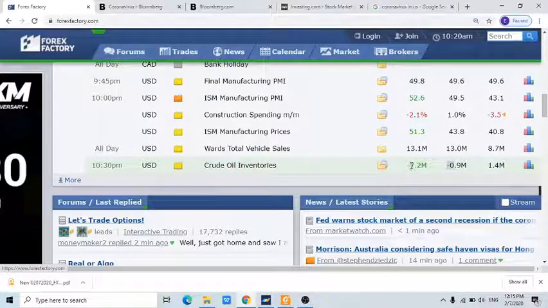However, yesterday's data showed that the inventories shrank by 7.2 million barrels. Based on this result, it shows that inventories are much lower than expected. The theory is oil prices should be going up.